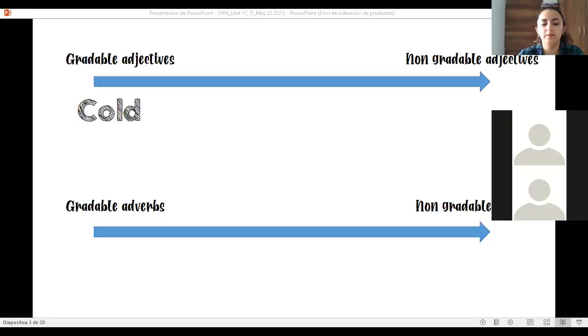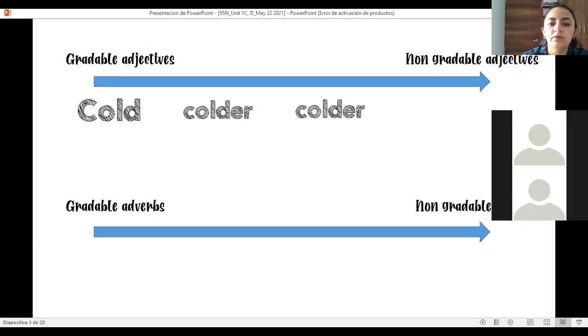So don't forget that when you use a gradable adjective, such as, for example, cold, and you want to make it a little bit higher, or you want to lessen the intensity of this adjective, you can use gradable adverbs in order to make it higher or reduce the intensity.